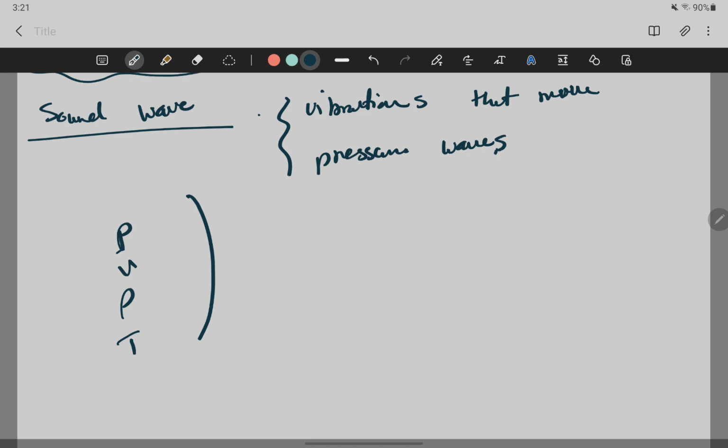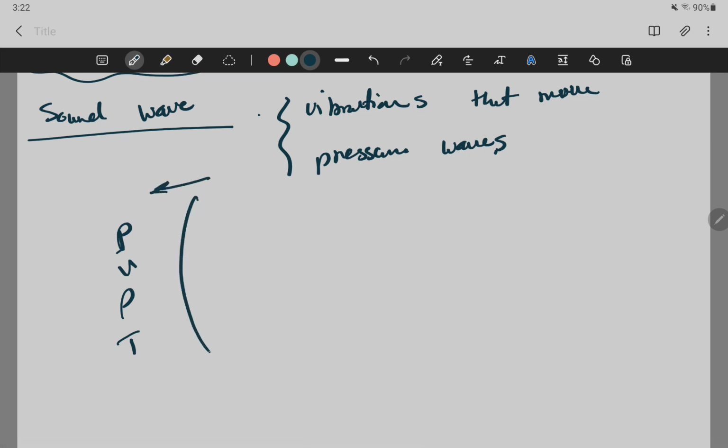After this wave has passed, let's say it is moving in this direction, you are going to have a different pressure, a different velocity, a different density, and also a different temperature. That's the idea of a pressure wave in fluid mechanics.